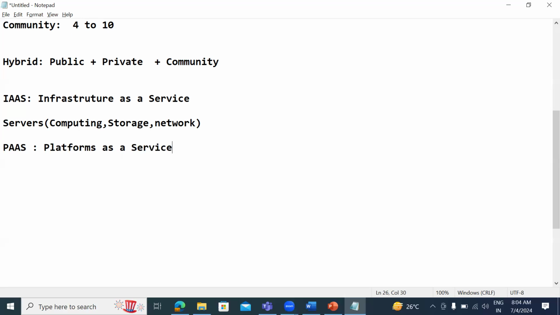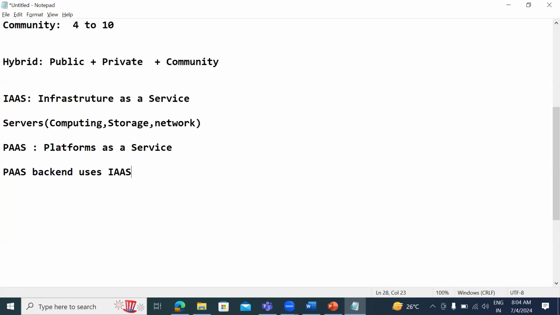Developers have already developed the code, but in order to make it live, we need to deploy, and that deployment again requires the platforms. The PaaS backend uses IaaS itself. Platform as a service again uses infrastructure as a service in the backend.